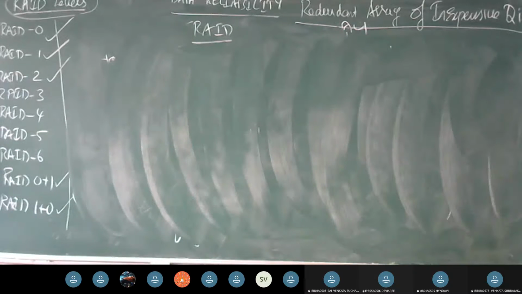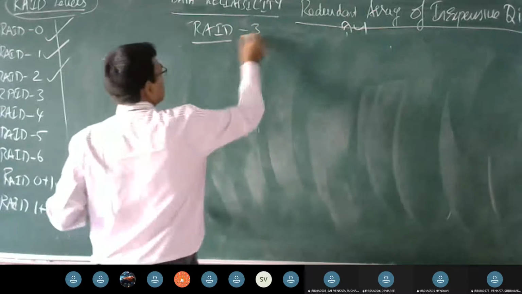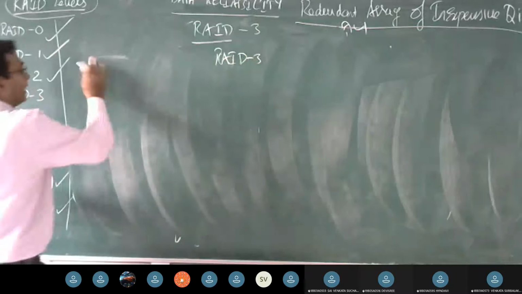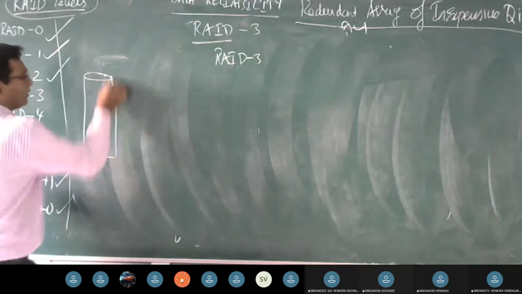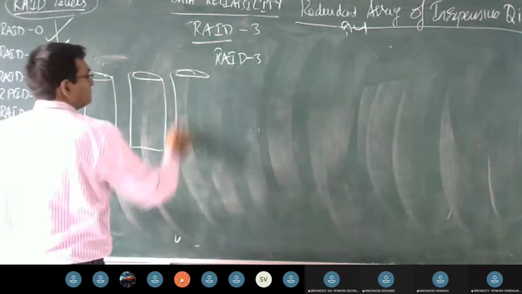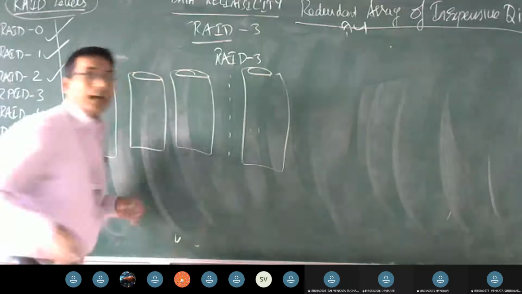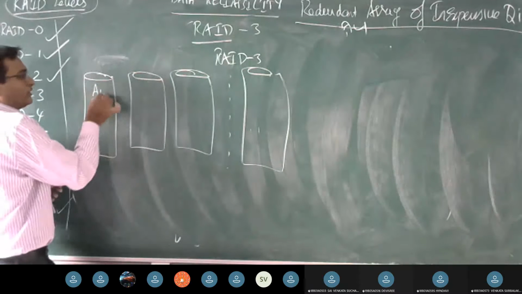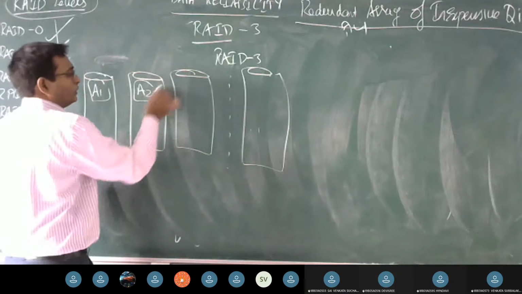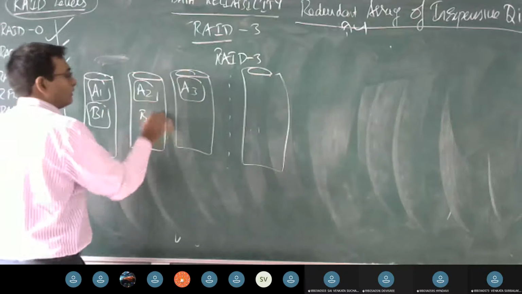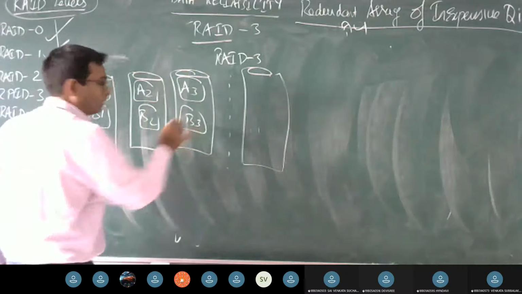In this RAID 3 architecture, we have data striping, and thereby we have tagging. That means A1, A2, A3, followed by B1, B2 and B3.